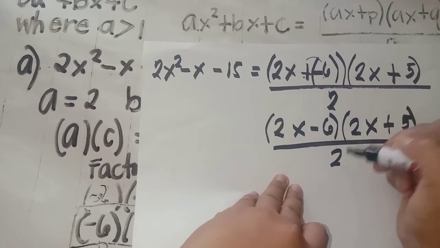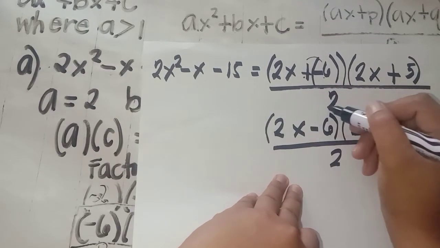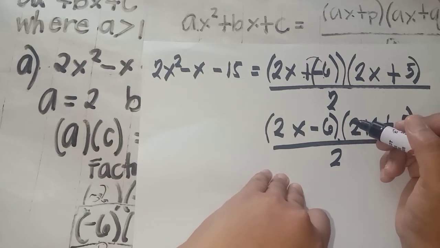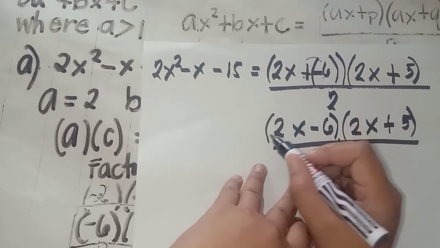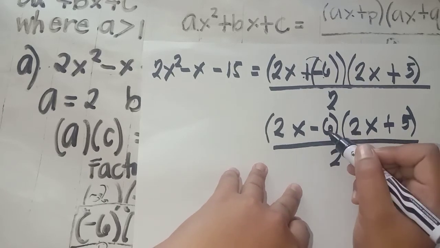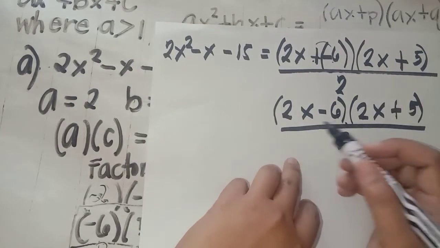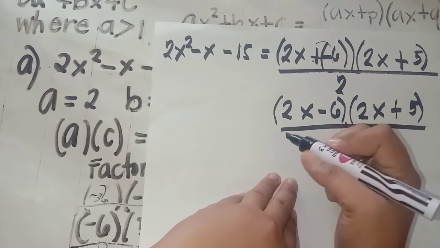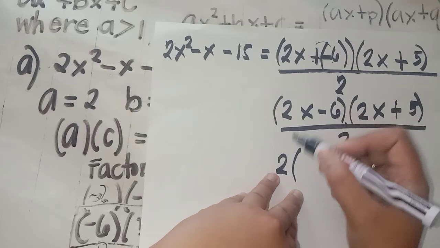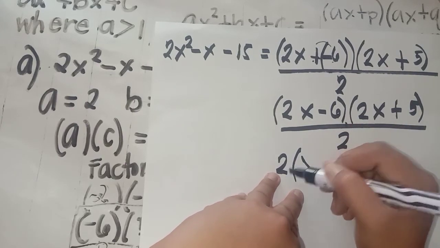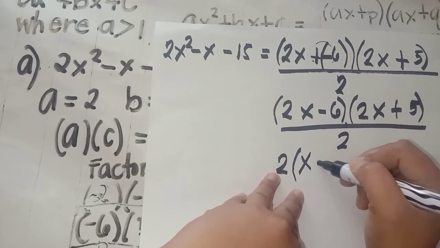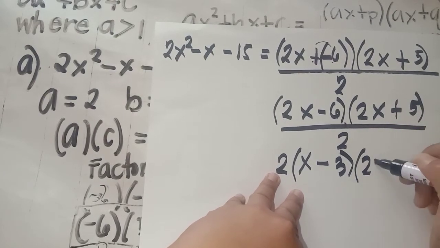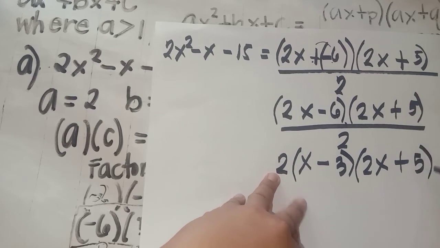Over 2. We notice that in the first binomial we can factor out using the GCF, the greatest common factor. The GCF of 2 and 6 is 2, so we can take out 2. 2x divided by 2 is x, and minus 6 divided by 2 is 3, times 2x plus 5 over 2.